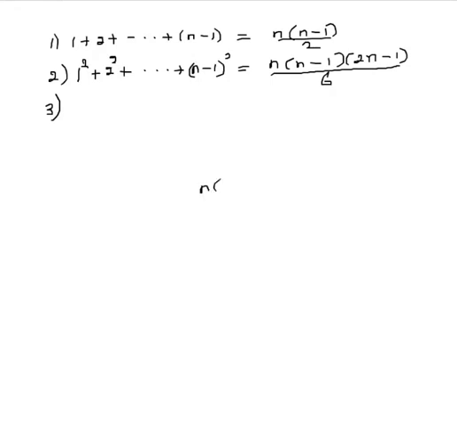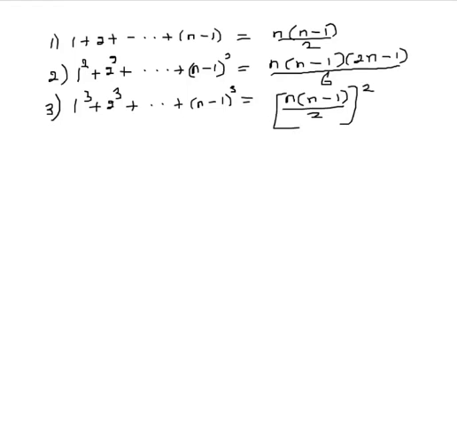Up to n terms, the formula is n into (n plus 1) into (2n plus 1) by 6. But here we have up to n minus 1 terms. Now the third formula, 1 cube plus 2 cube plus etc. up to (n minus 1) the whole cube. The formula is [n into (n minus 1) by 2] the whole square.